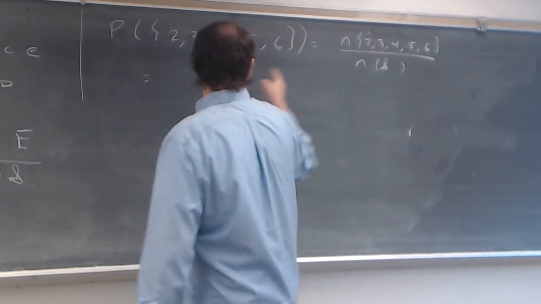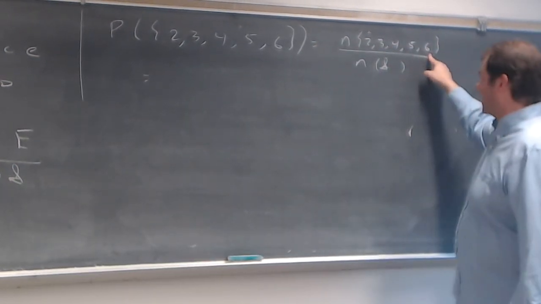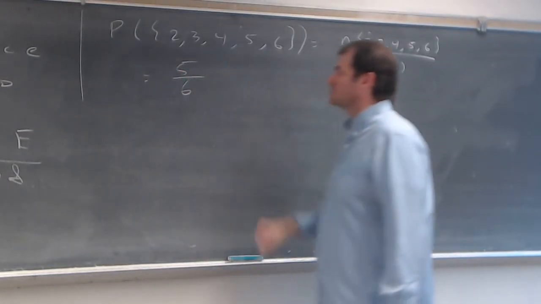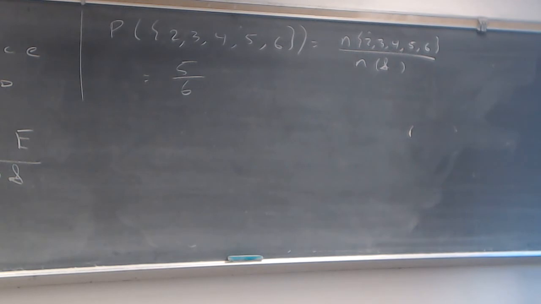The number of elements in this set is 5, over the number in the sample space, which is 6. So the answer is 5/6, where we're thinking of rolling a 6-sided die, and each side is equally likely to come up.